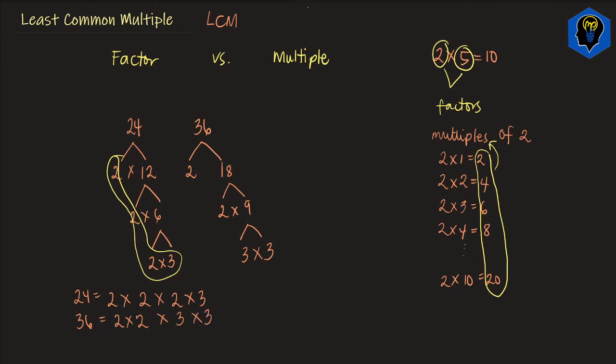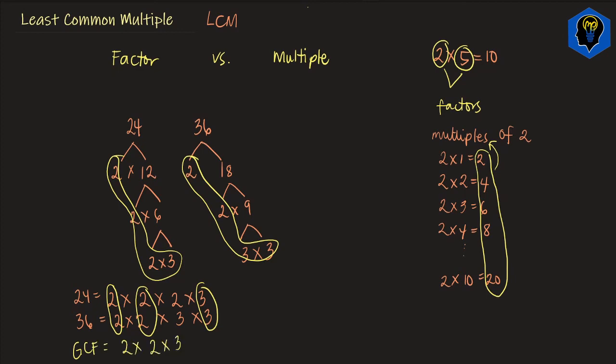Now, the next step is, okay, let me just encircle that, the prime factors of 36. Now, the next step is for us to determine the common factors. Okay? Remember, that's the greatest common factor. Okay, so your greatest common factor is 2 times 2 times 3, so that is 12, right?